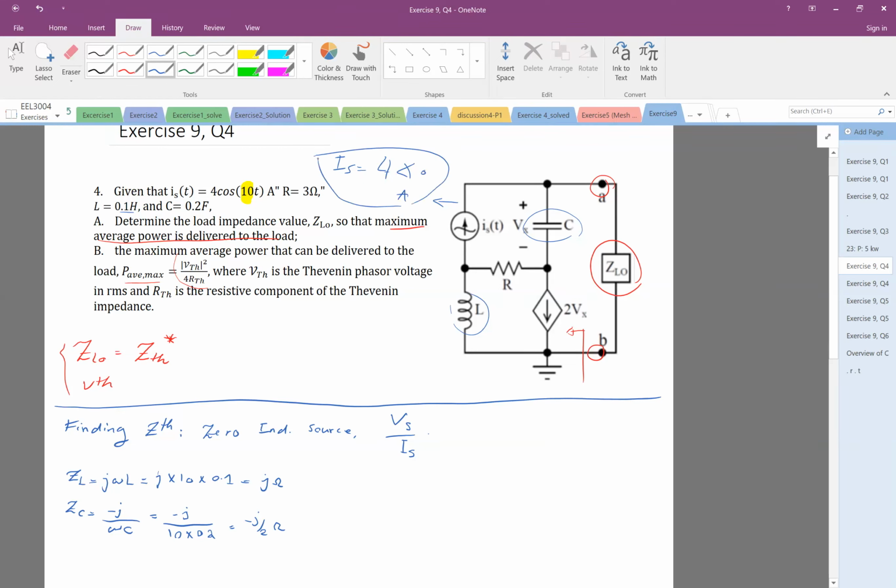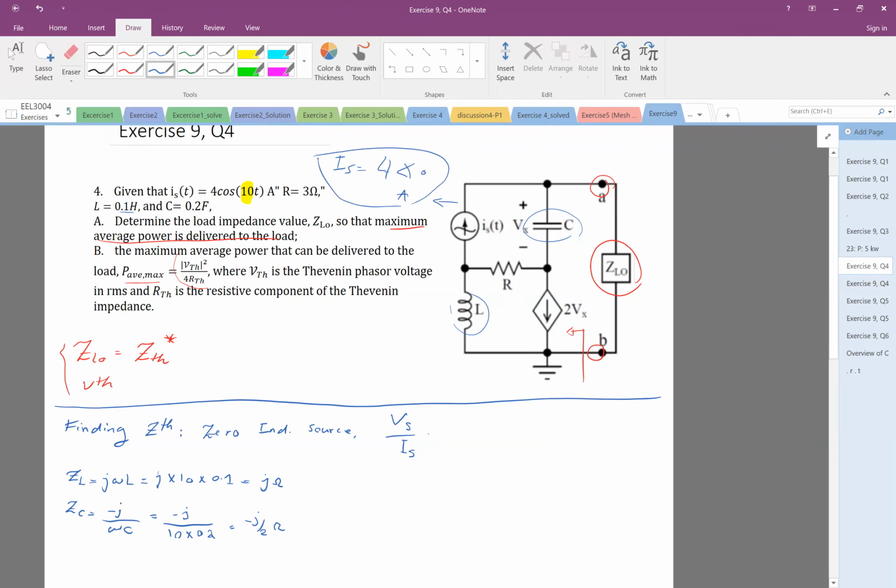Looking here, the current from V1 going up is negative IS. Then we have this current 2 times Vx. And then the current going to that loop is V1 divided by 3 plus j. So that's the KCL at this point.